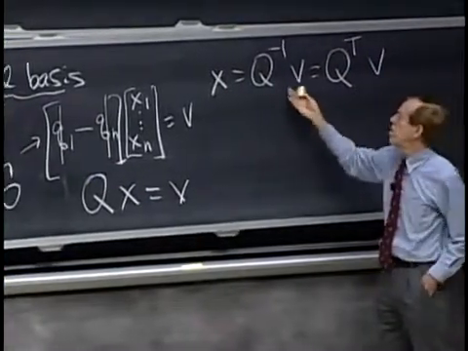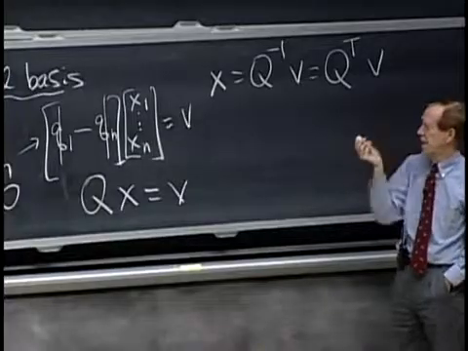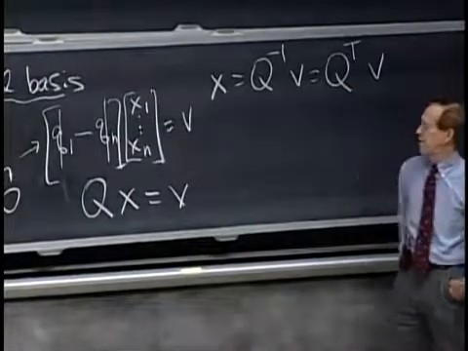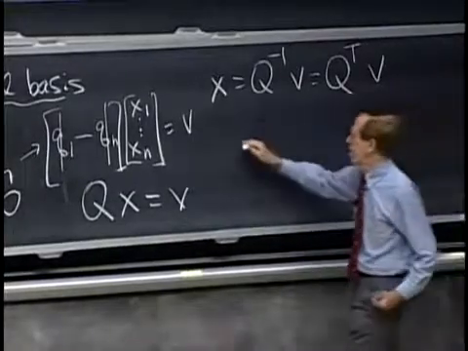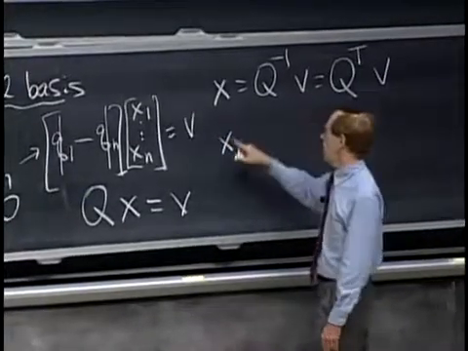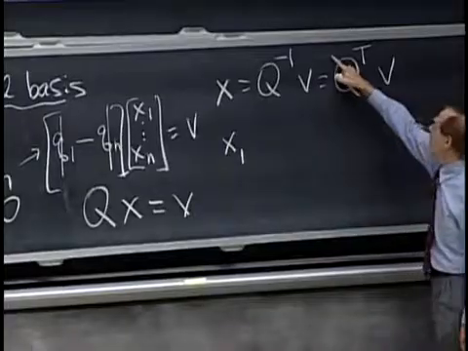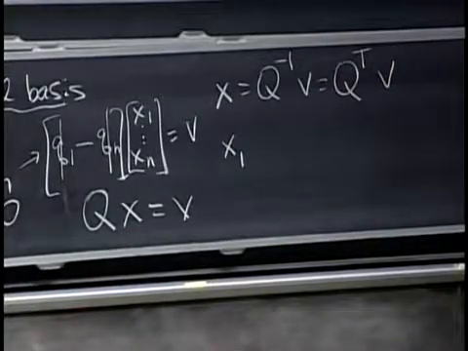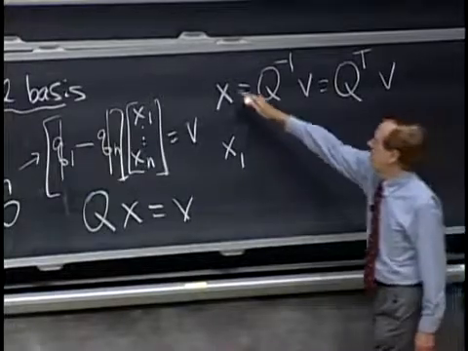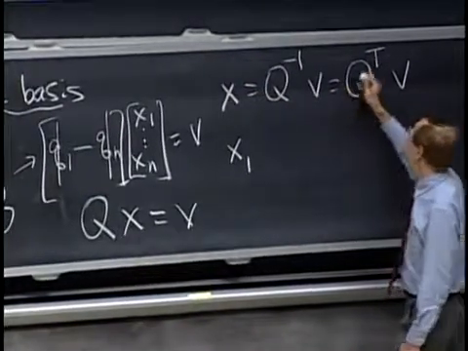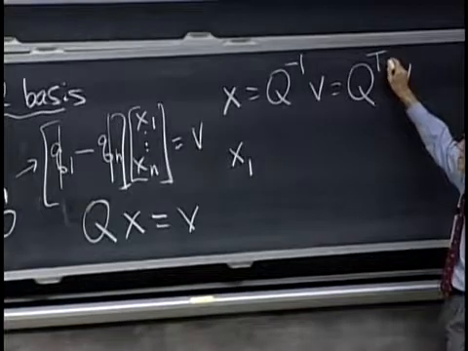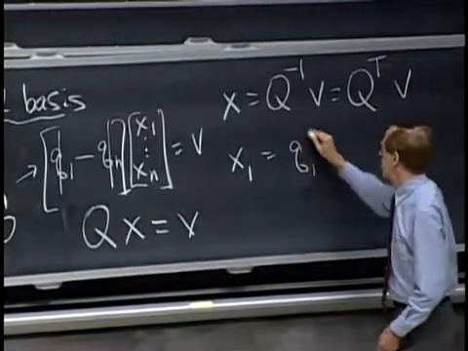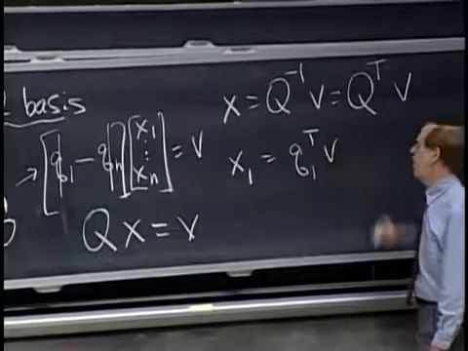When you see a square matrix with that letter Q, that just triggers Q inverse is the same as Q transpose. So the first component of x is the first row times v. And what's that? The first component of this answer is the first row of Q transpose, that's just q1 transpose times v.